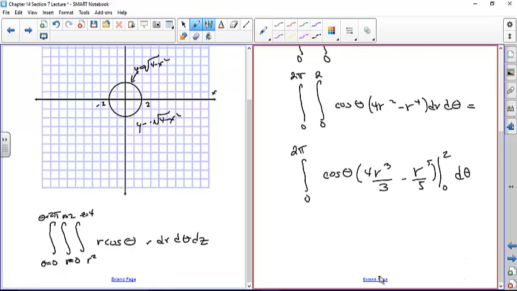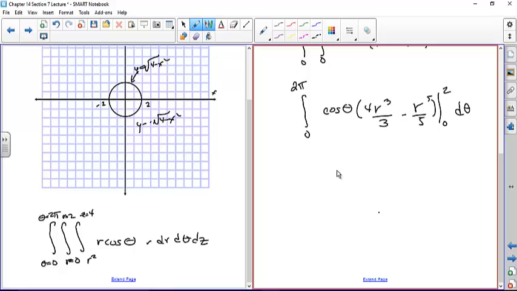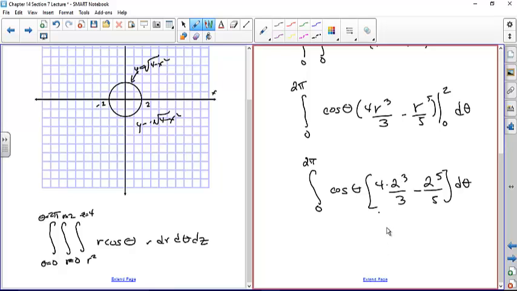So let's plug that in. We get the cosine of theta, and inside we get 4 times 2 cubed over 3 minus 2 to the 5th over 5, d theta. So what is that? 2 cubed is 8, 8 times 4 is 32, so we get 32 thirds minus 2 to the 5th, which is 32 fifths.